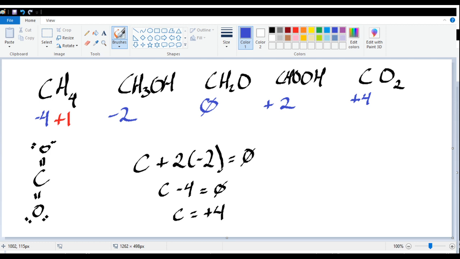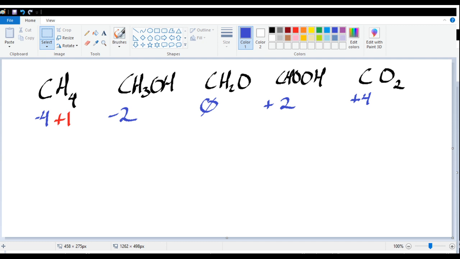So as we oxidize the carbon, as we add more and more oxygen bonds to it, the oxidation number on the carbon just keeps on going up and up. So it goes from negative 4 on the left all the way up to positive 4 on the right. So putting this in redox terms, carbon over here has been fully reduced.